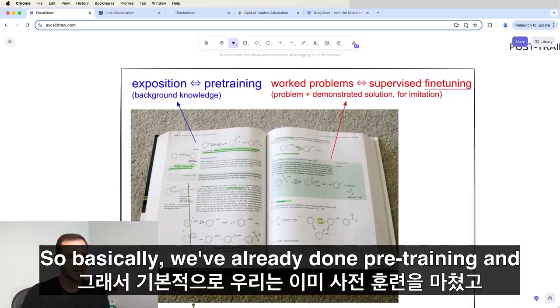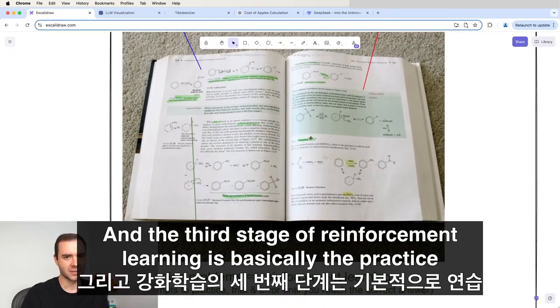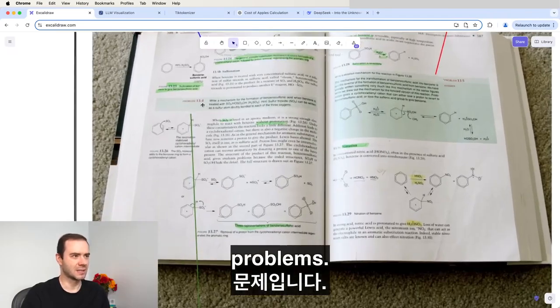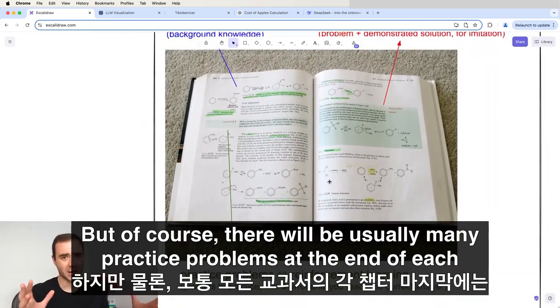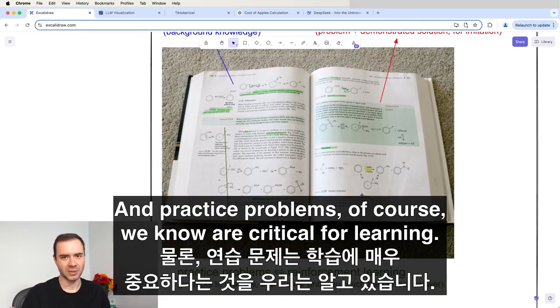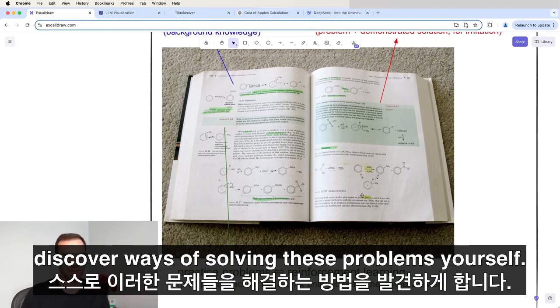So we've already done pre-training, and we've already covered this imitation of experts and how they solve these problems. The third stage, reinforcement learning, is basically the practice problems. Sometimes you'll see just a single practice problem here, but usually there will be many practice problems at the end of each chapter in any textbook. Practice problems are critical for learning because they get you to practice yourself and discover ways of solving these problems yourself.